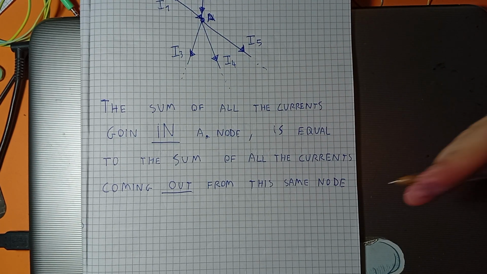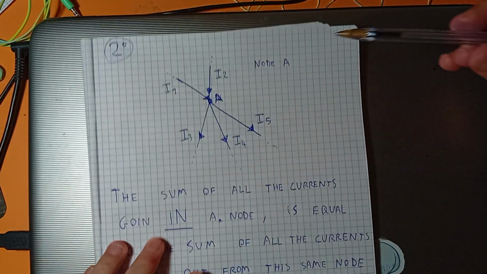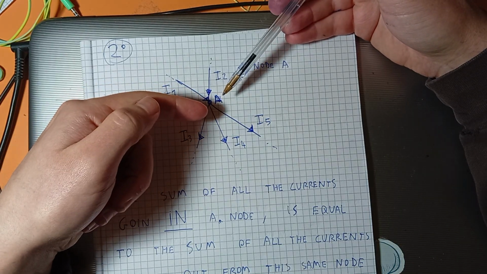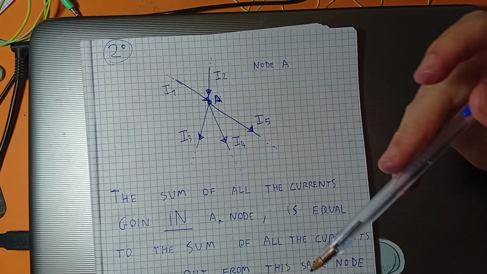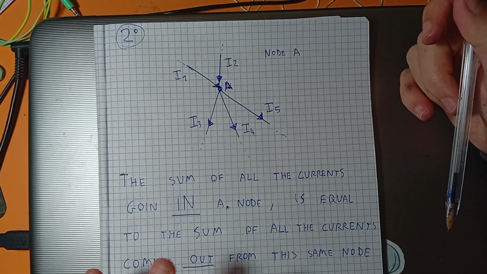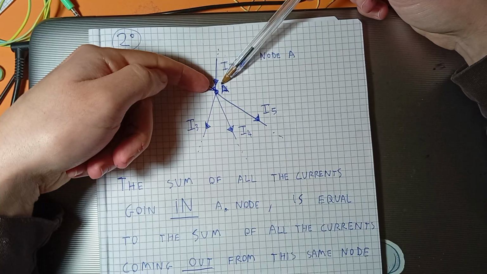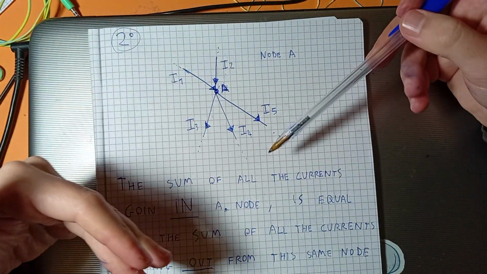I'll repeat one last time: the sum of all the currents going into a node is equal to the sum of all the currents coming out from this same node. Let's write it. In this case, I1 and I2 go in, and I3, I4, and I5 go out from this node.